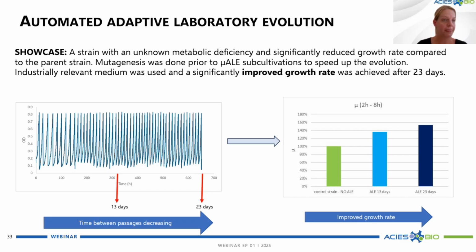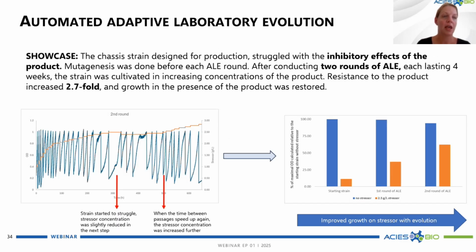And the last of the showcases is a case when we had a stressor present. We had a chassis strain designed for production of some chemical, but the strain struggled with the inhibitory effect of the product. So also in this case, mutagenesis was done before each ALE round. In this case, we had 2 ALE rounds.